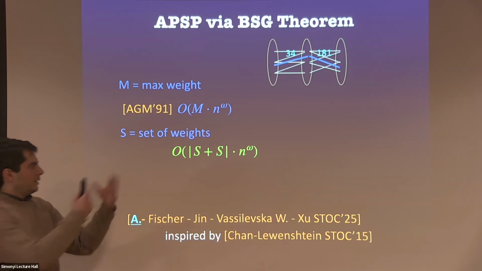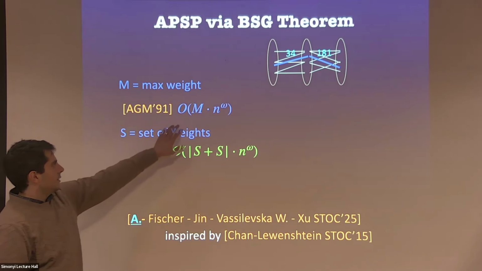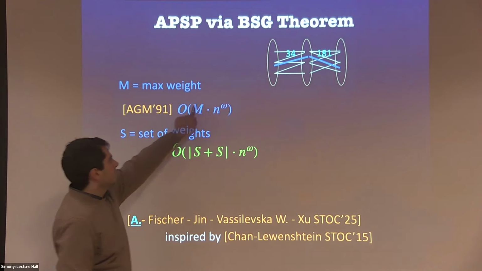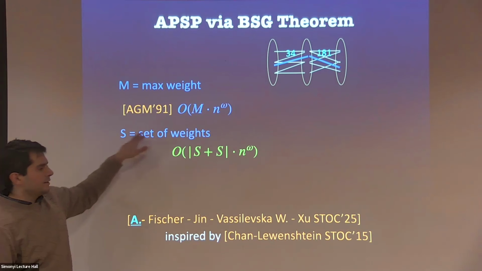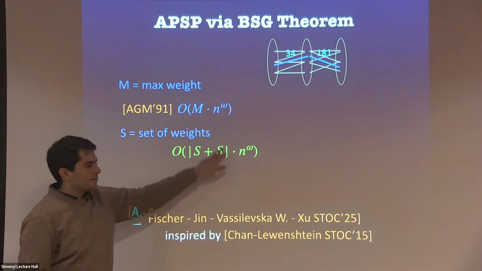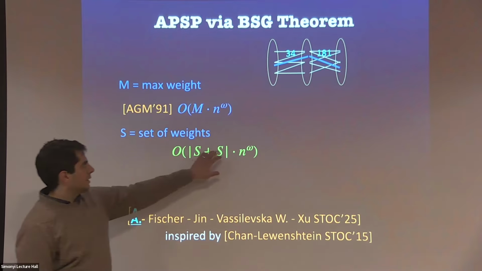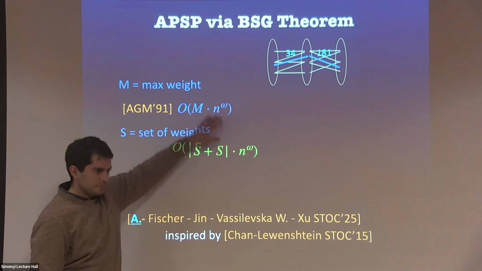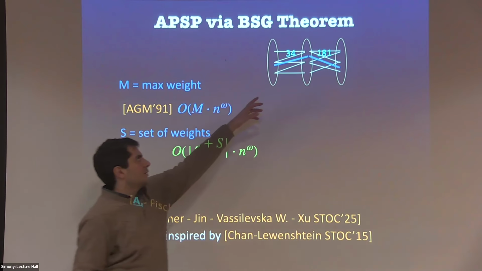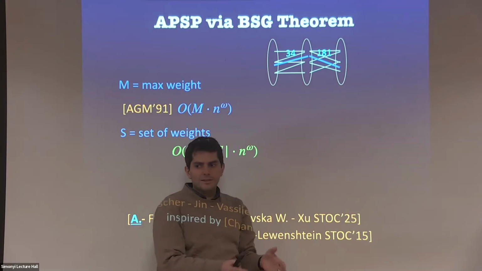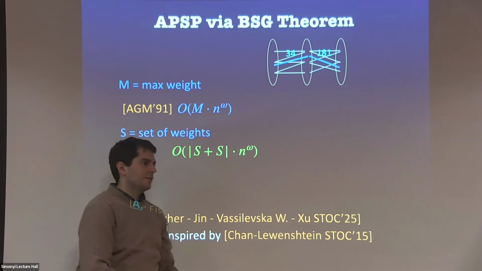To show why this helps, there is a generalization of this algorithm that depends on the max weight to this kind of bound, where if you look at the set of weights and the sumset of the set of weights is small, then you get something good. It's a similar algorithm. So this really shows that if you could decompose the weights, or if the weights had small sumsets, then you would be happy. All you have to do is apply BSG and work with that.